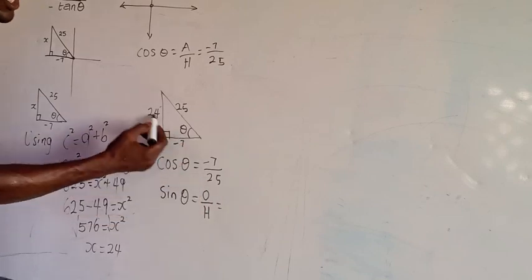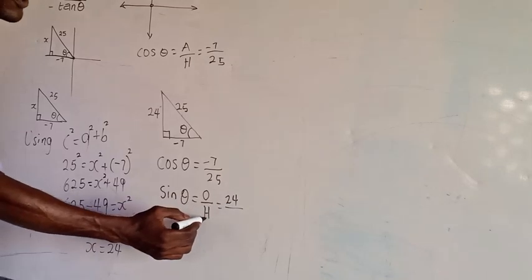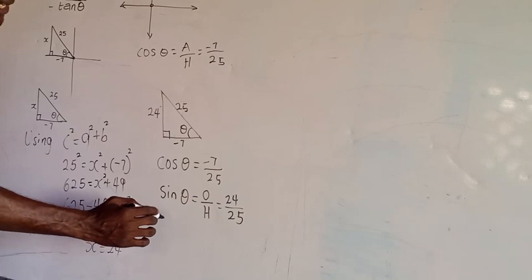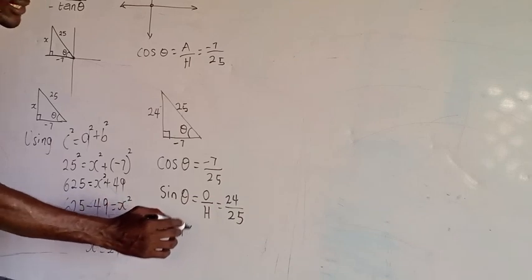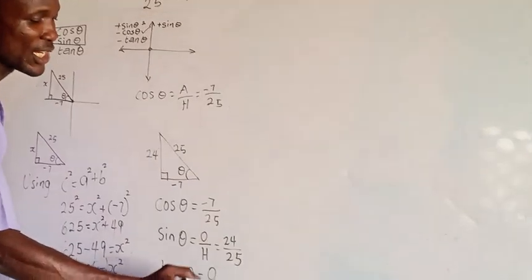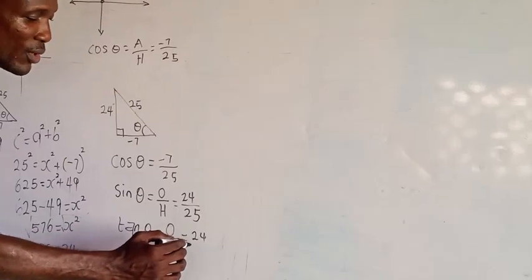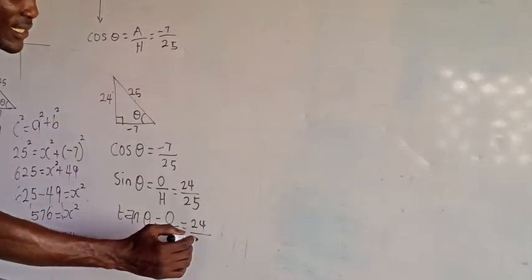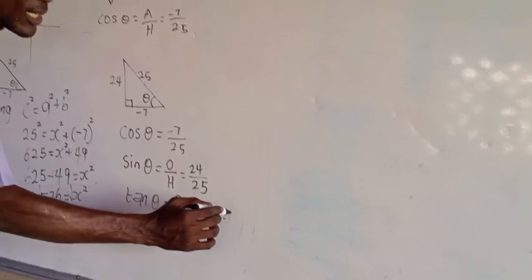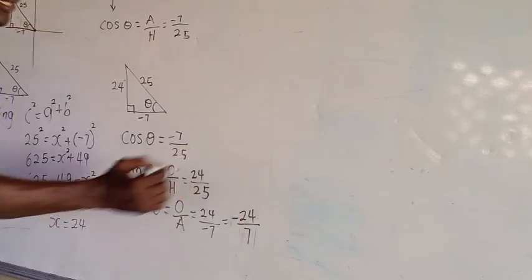So what's the opposite here? The opposite is 24 and the hypotenuse is 25. Then the next thing is tan theta. Tan theta equals opposite over adjacent. The opposite here is 24 over, our adjacent is minus 7. Don't forget, you are not to leave minus under, so you're going to write it as minus 24 over 7.